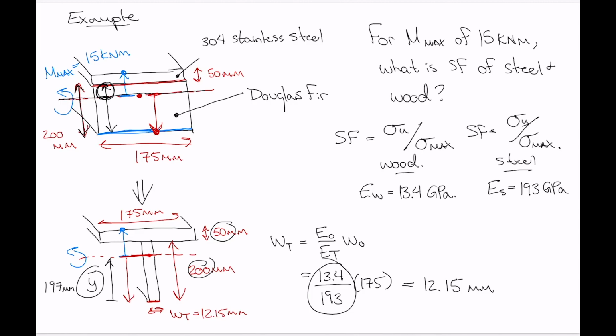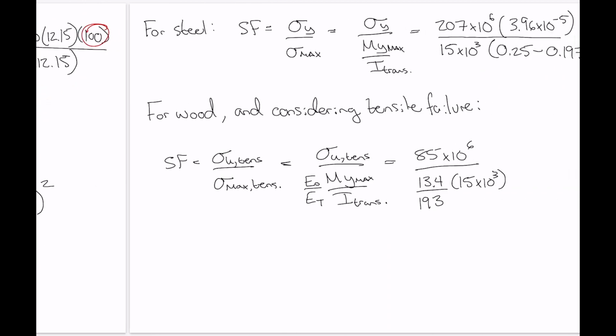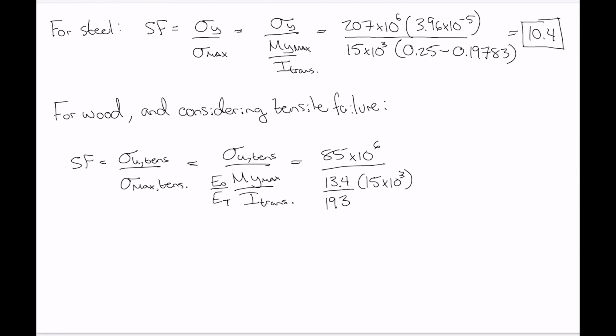So that's the value of y bar here, 197.83. All divided by I for the transformed beam. So here we've got 3.96 times 10 to the minus 5. Okay, so do that calculation and we'll get 16.3 out.